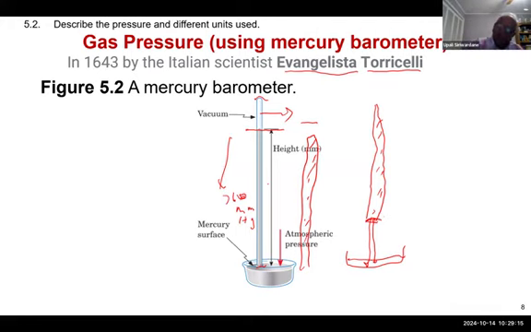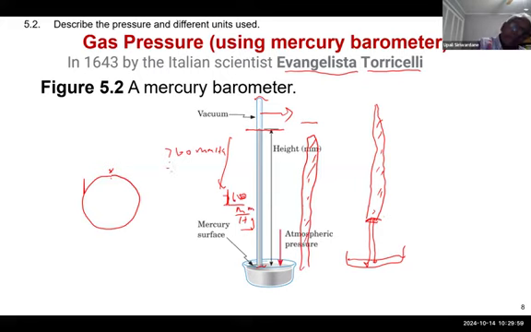He noticed this column, which is 760 millimeter mercury, is always close to that value in the atmosphere. If you have this barometer placed close to sea level at any location, the atmospheric pressure is 760 millimeter mercury.